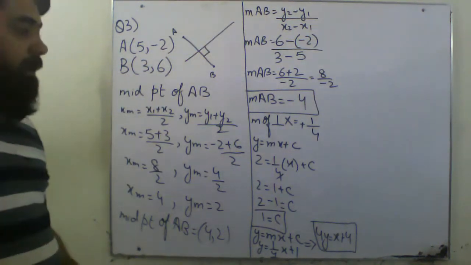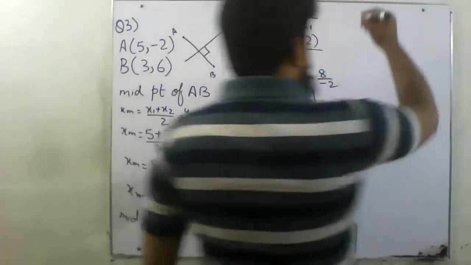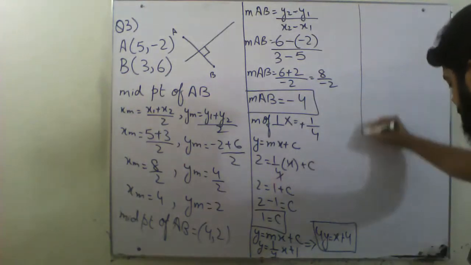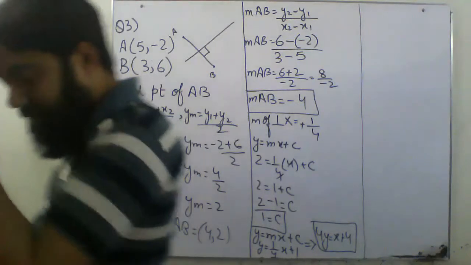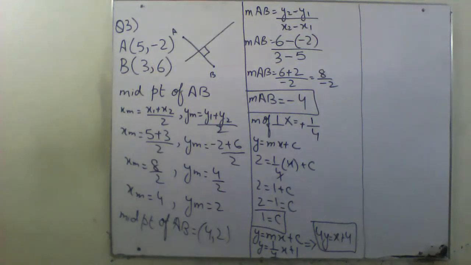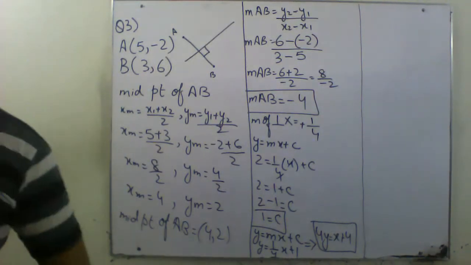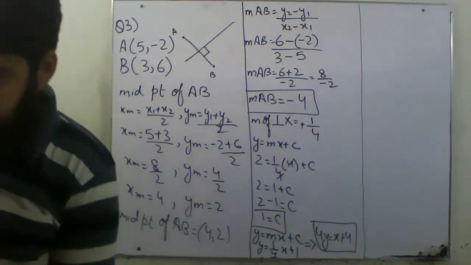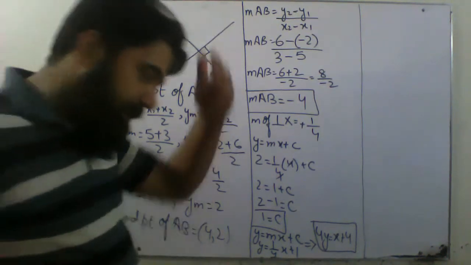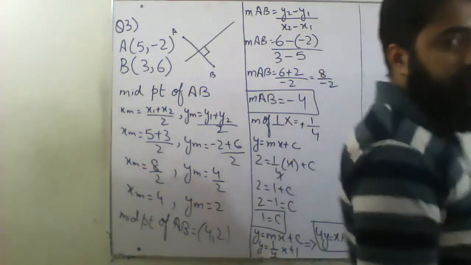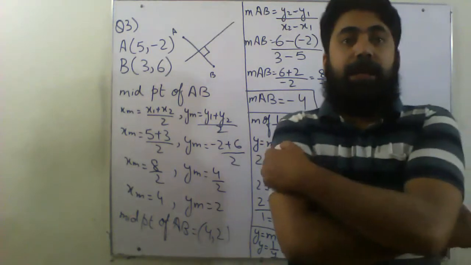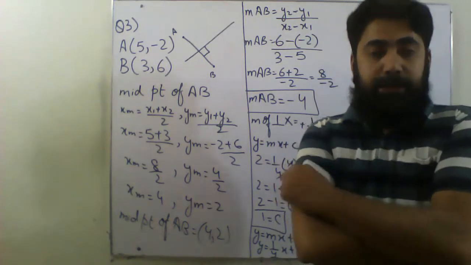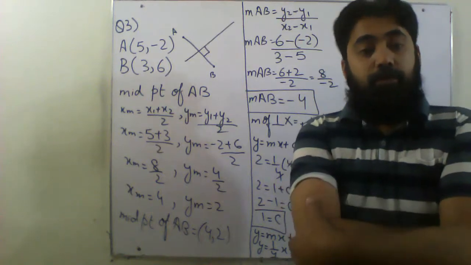Now the next part is saying that a point P is there, which is equidistant from A and B. So there is another condition given, but first of all, I'm going to talk about how we do the working when a point is equidistant from 2 points.